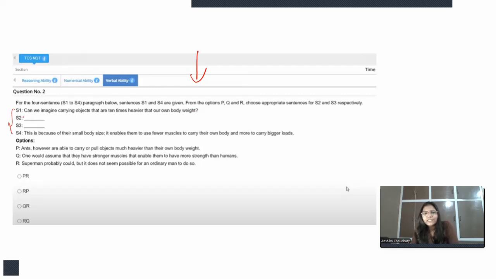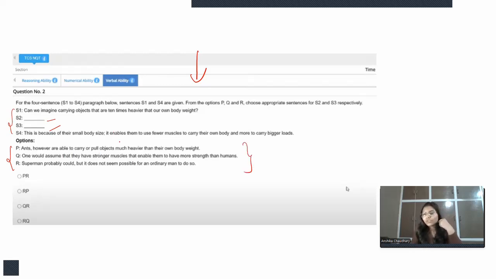And here it is given that S1 and S4 are fixed. Now from the options P, Q, R, we need to find out two correct statements that would fit here and then that will be a meaningful paragraph. So we need to find those two statements among these three statements, right?